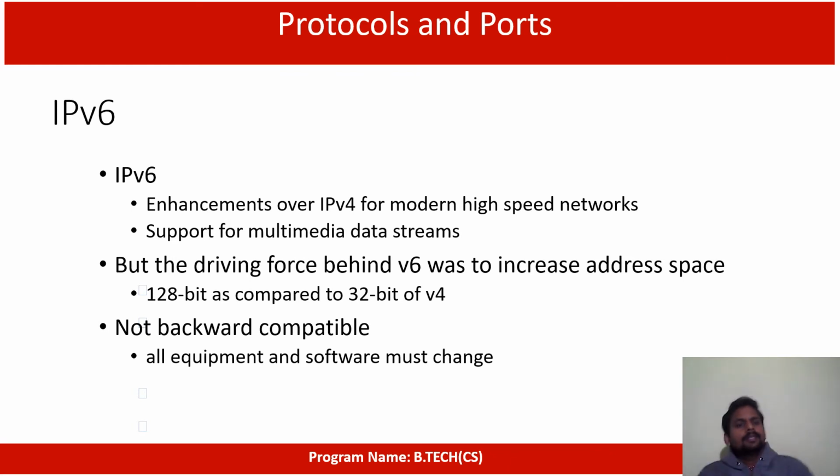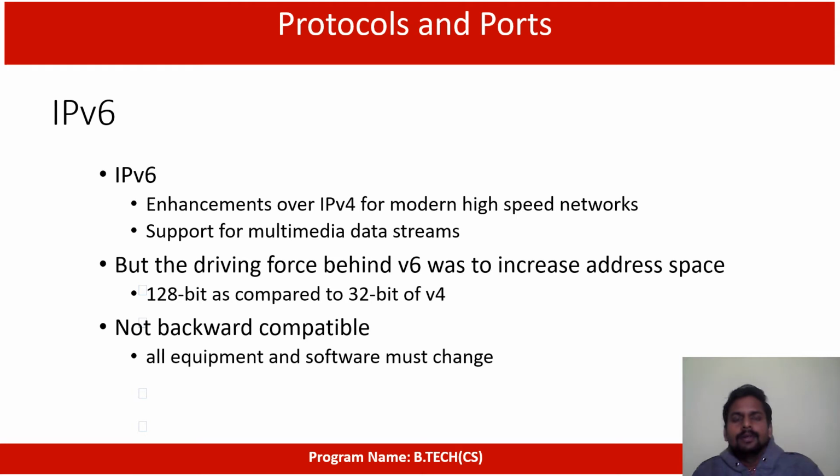And then they are mentioning IPv6. As I told you before, it is the enhancement over IPv4, because IPv4 contains just 32 bits of information. With 32 bits, we can make only about 4 billion addresses, and in this range only we can make the IP addresses. And we cannot use all of them either, because if you want to assign an IP address for your system, you have to follow some rules.